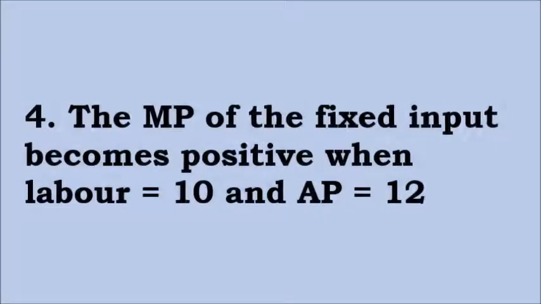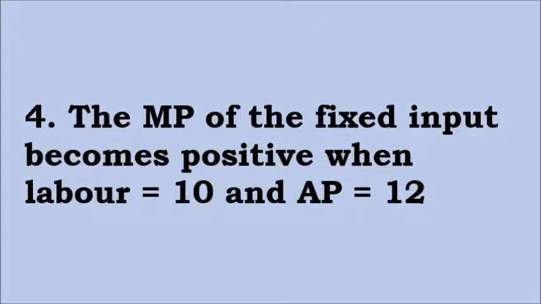Then the fourth question says, at what values of labor and AP does MP of the fixed input become positive? Now listen, this question derives from the concept of marginal returns.